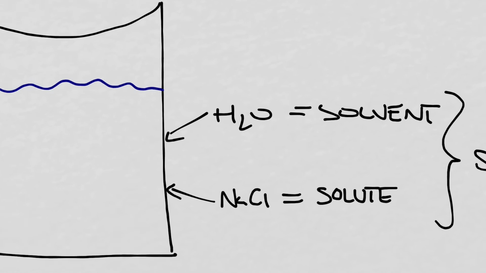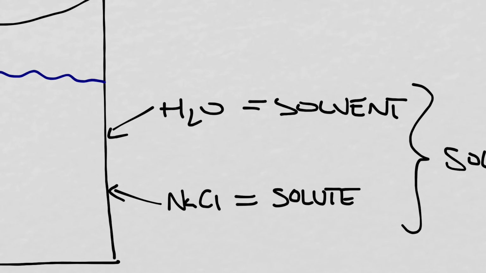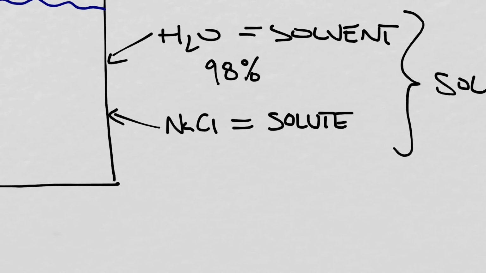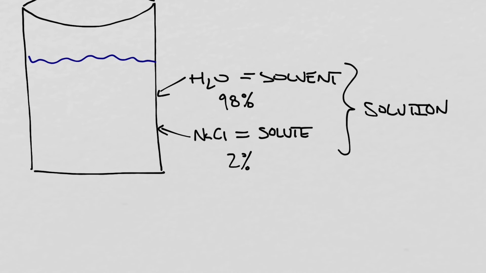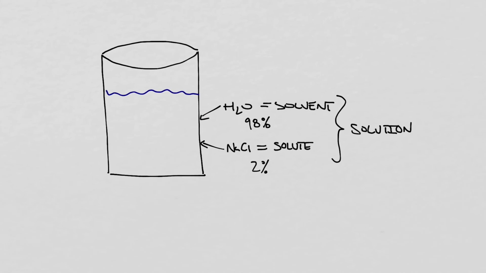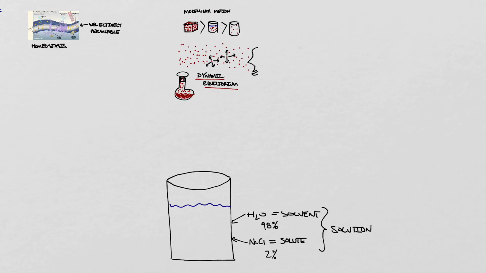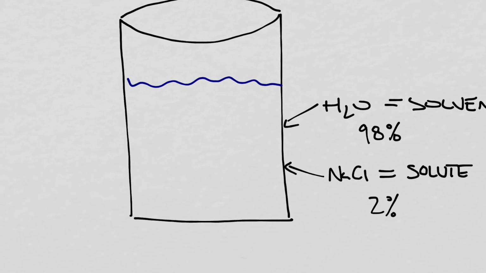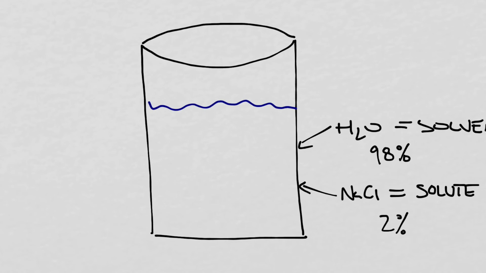Okay, in this solution, we have 98% water and thus 2% salt. That is the composition of this solution that we have right here. And you can assume that this is a fully mixed solution, so the salt particles are all dissolved in the solution, and they are at dynamic equilibrium, okay? Also, inside of this beaker, we have a cell.